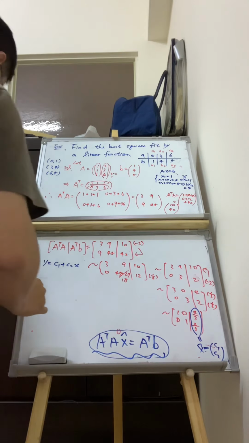So the best linear least squares fit is y equals C1, which is exactly 4 over 3 as the constant, plus C2, which is 2 over 3, times x.